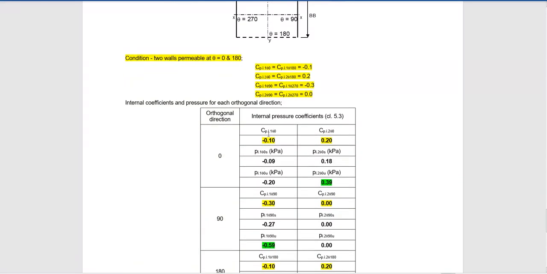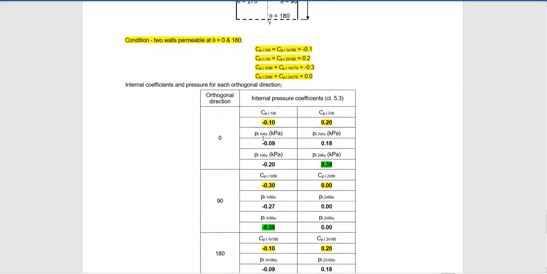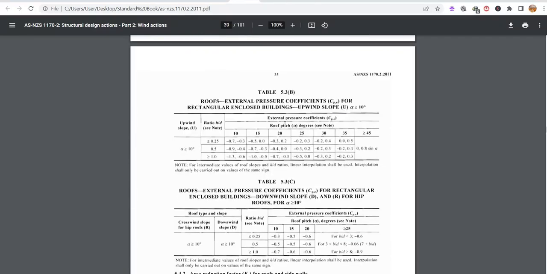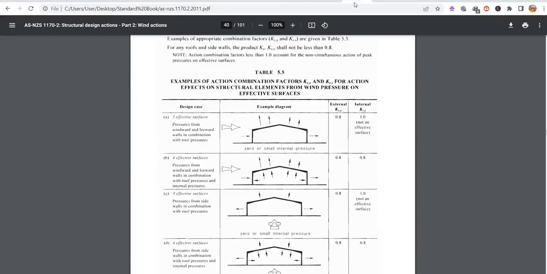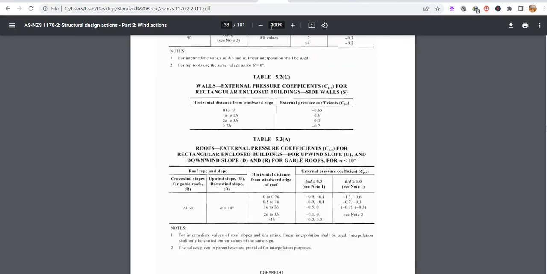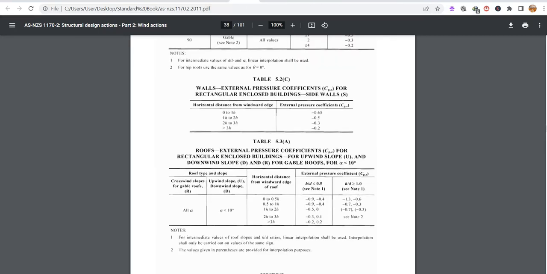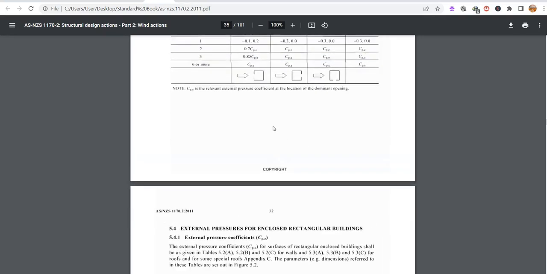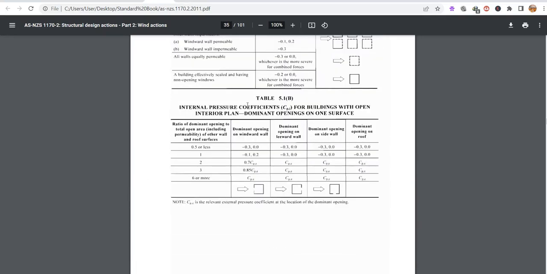Like I said, go back to the code. Cpi value, internal wall pressure.